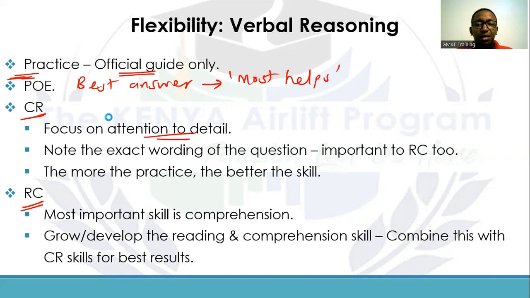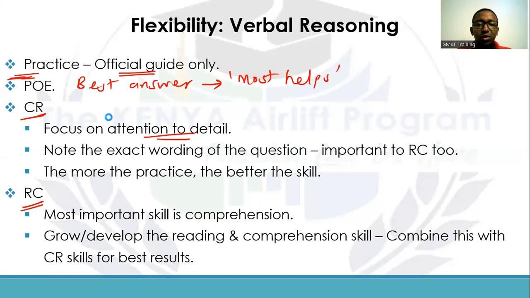This is know every detail that you're given, so the information that you're given, and learn to ignore all information that you're not given. Another aspect of attention to detail is knowing how to connect seemingly unrelated information. So attention to detail, then note the exact wording of the question. So this is both the question, the stimulus, and the answer choice.